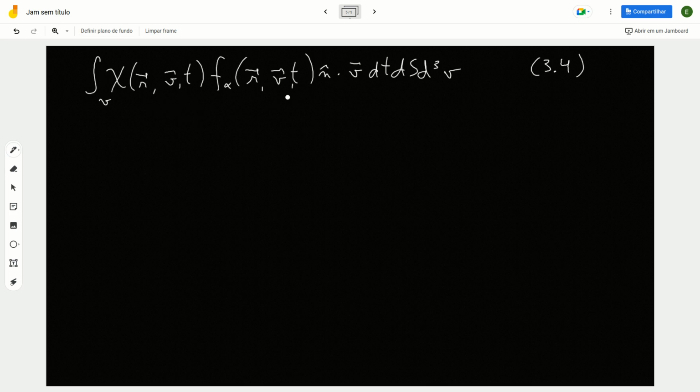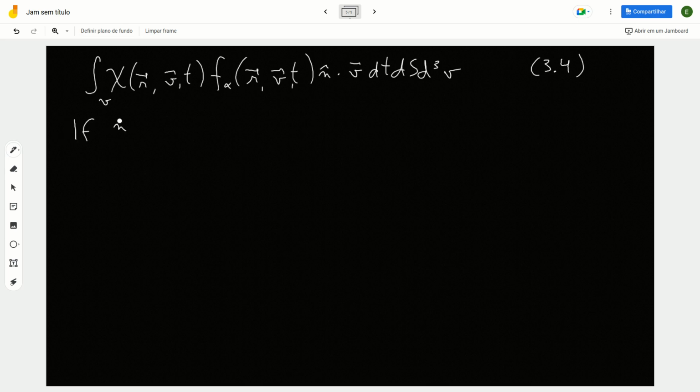So this is the amount of chi transported by all particles inside this prism going through the area ds element.